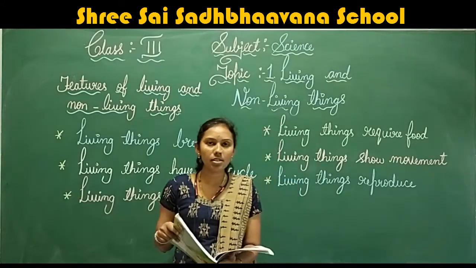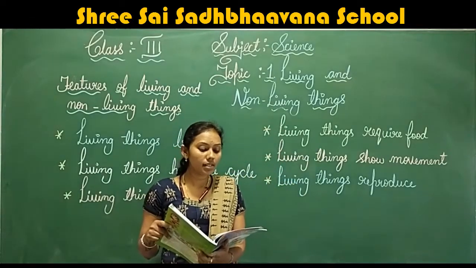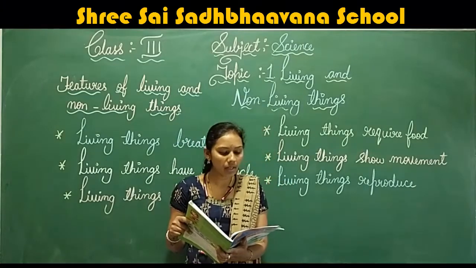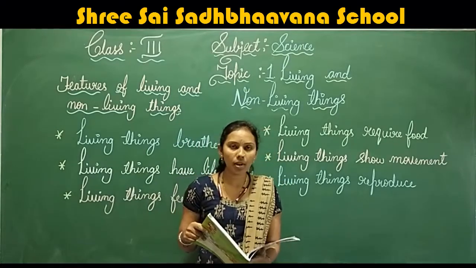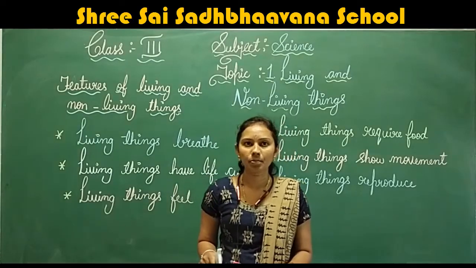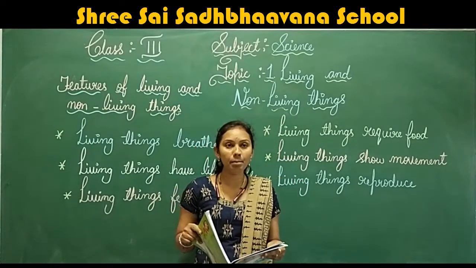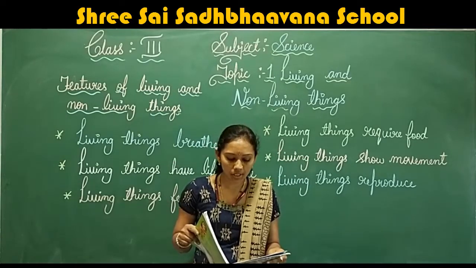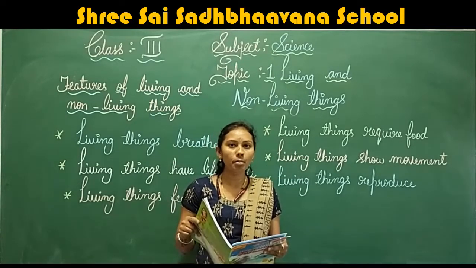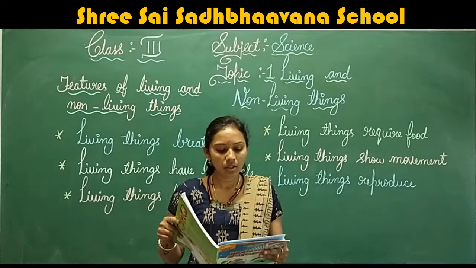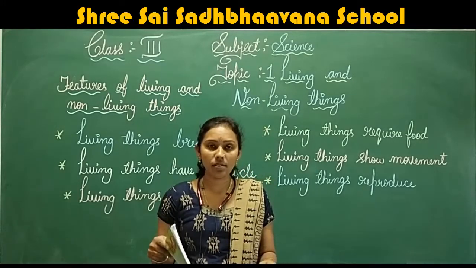Next, non-living things are of two types. Things like book, computer, and clothes are made by man. They are known as man-made things. Things like the sun, moon, and planets occur in nature. They are not made by man. Such things are called natural non-living things.